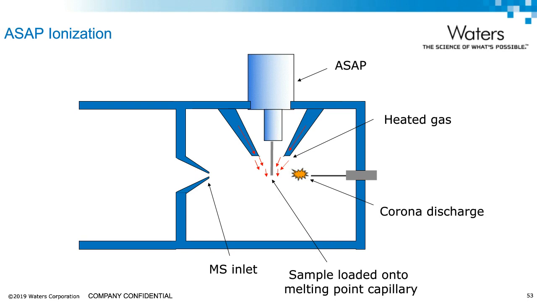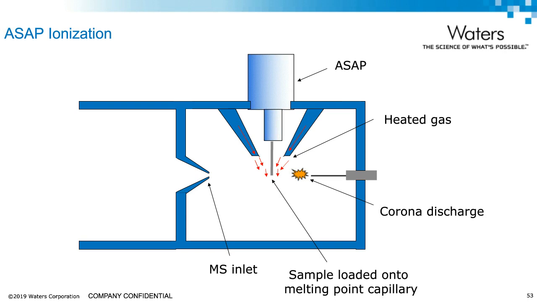This technique harkens back to the early days of mass spectrometry, but occurs at atmospheric pressure rather than under vacuum. The ASAP technique utilizes the heated nitrogen desolvation gas to vaporize the sample and a corona discharge for the sample ionization.